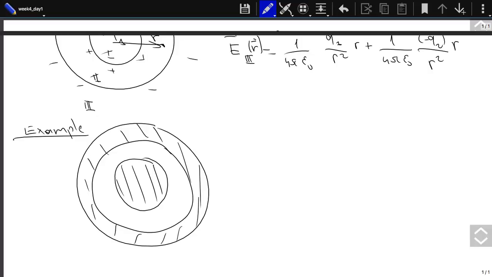If it is conducting, we know that the charge can only be on the surfaces. It cannot be inside, because the electric field here would be 0. The electric field here will be 0, and there cannot be any charge inside these conducting regions.